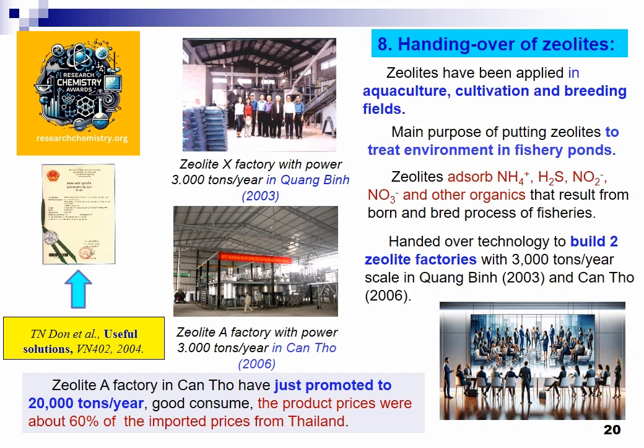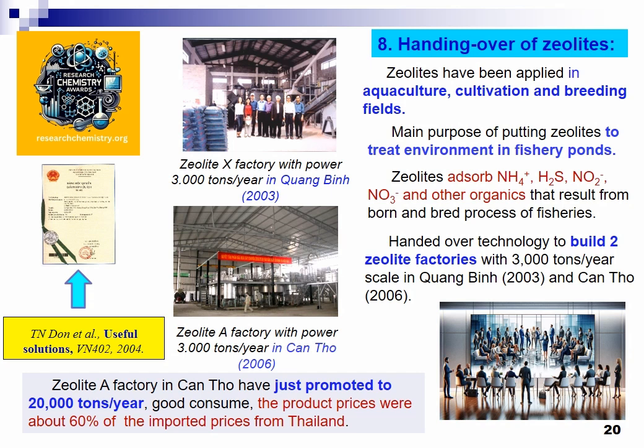8. Handover of zeolite. Zeolites have been applied in aquaculture, cultivation and breeding fields. The main purpose of putting zeolites in is to treat the environment in fishery ponds. We handed over technologies to build 2 zeolite factories at a scale of 3,000 tons per year, in Quảng Bình, Vietnam in 2003 and Cần Thơ province in 2006.